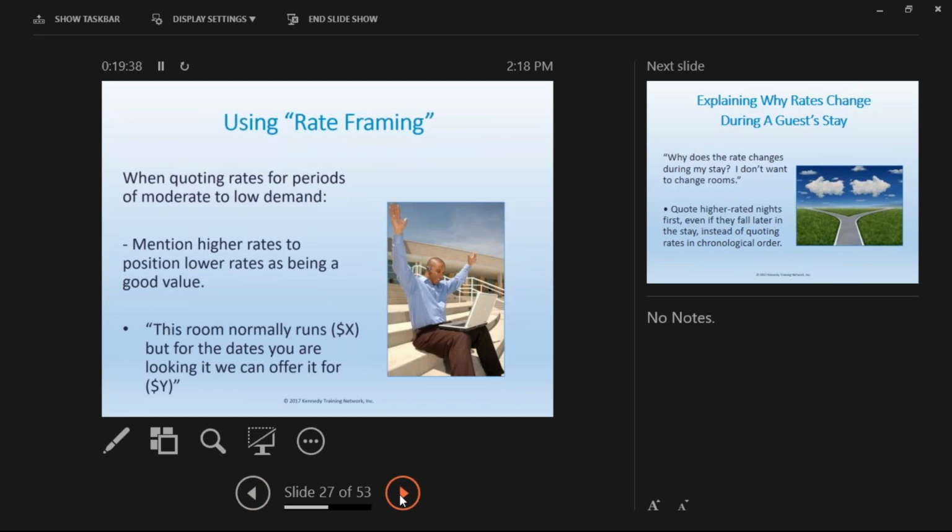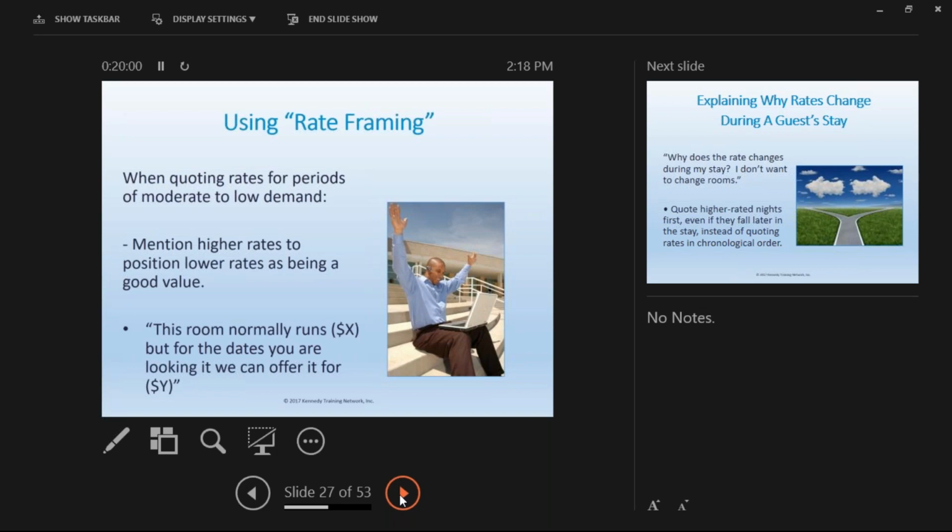Now let's build off that a little bit to what I call rate framing. All right, rate framing is where we mention the higher rates in advance to position the lower rates as being a good value. Now this is good anytime that you're selling anything other than your very top tier.